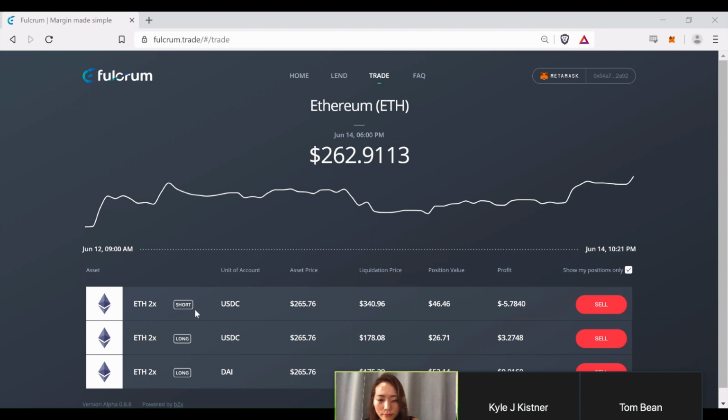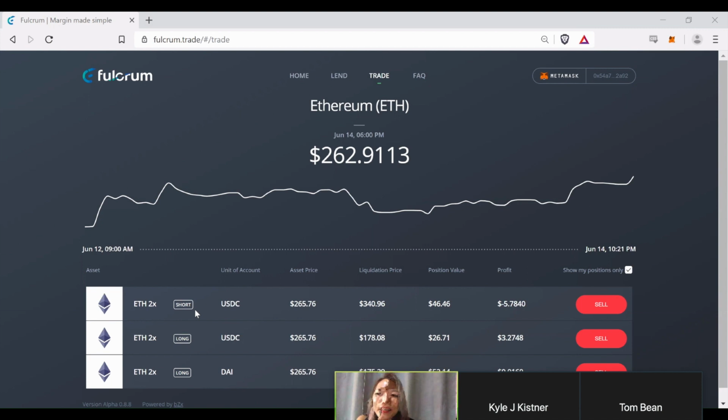So, for example, with ETH 2 times short, we borrow ETH, then we use Kyber to exchange that into USDC. So for trading liquidity, we use Kyber. For liquidations, we use Kyber. If somebody margin calls, the first thing that happens is the account balance is checked against the Kyber price feed, and if that's okay, then it starts making calls to Kyber to liquidate that position.